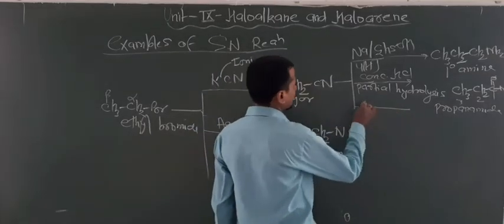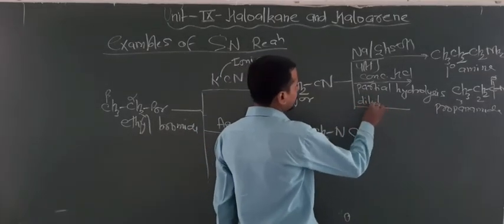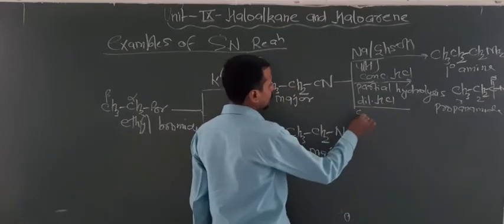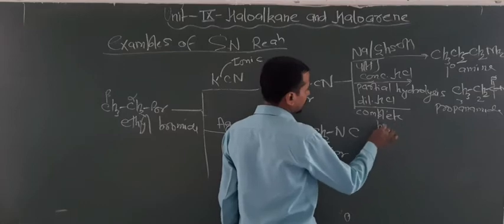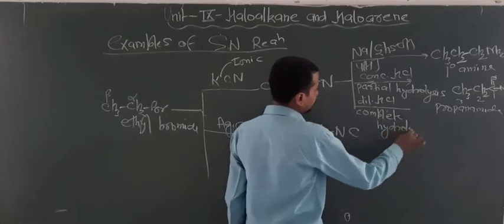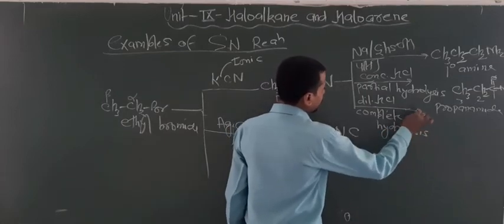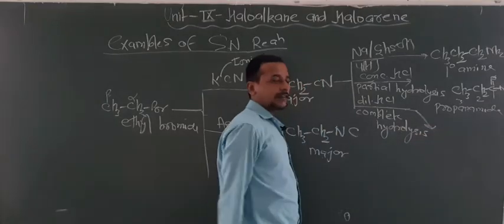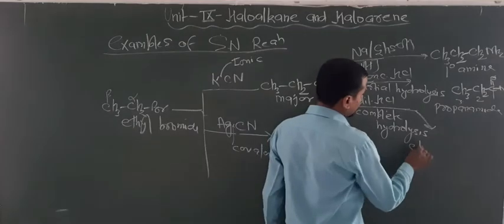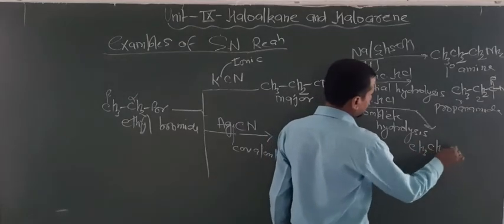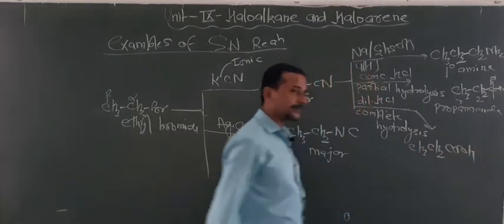Now if the reaction takes place in presence of dilute HCl, this is known as complete hydrolysis. In this condition what happens? This bond totally breaks, and now you can find the acid having 3 carbons.